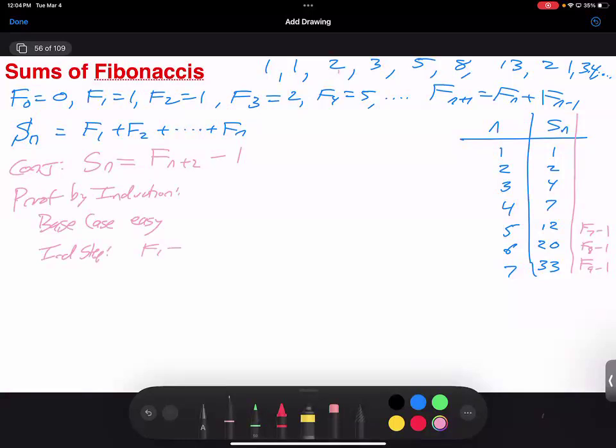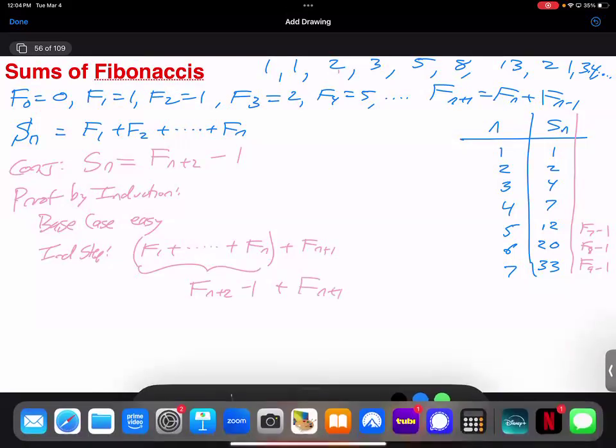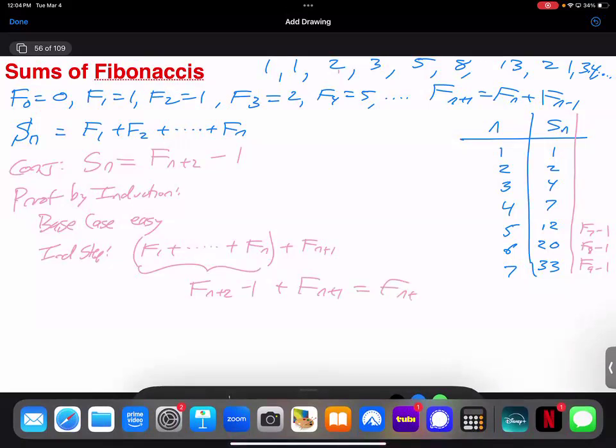If we have f1 plus ... plus fn, and then we add the next term, by induction, this is F(n+2) minus 1. We're adding, oh, that should be n plus 1, f(n+1). And f(n+2) plus f(n+1) is just f(n+3). And so knowing the conjecture, the induction becomes extremely straightforward.